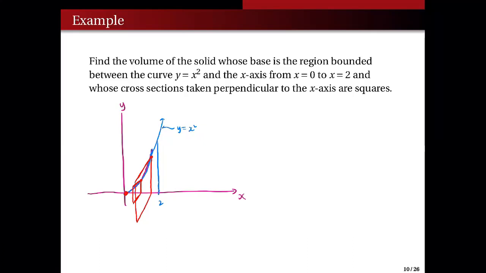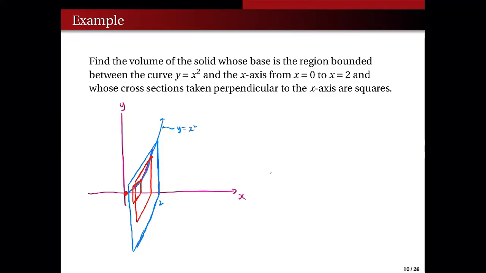And at the very end here, we have this, and of course, we have this guy here and towards this. So what can you imagine the solid to be? Let me rotate this a bit.